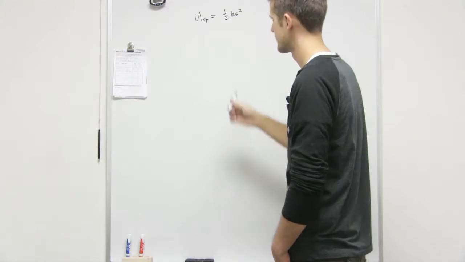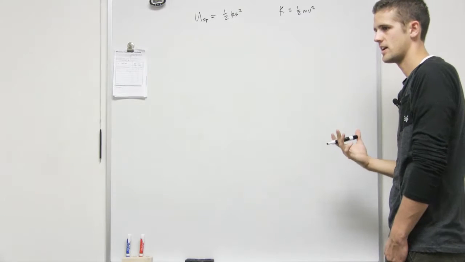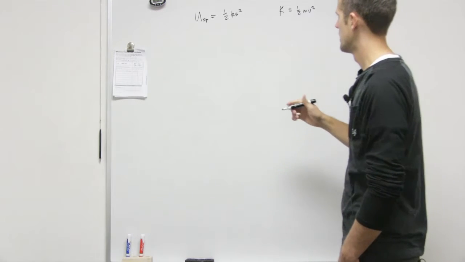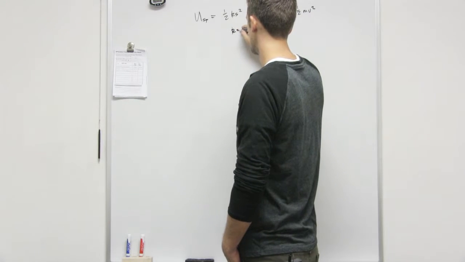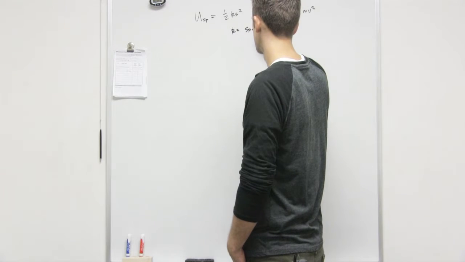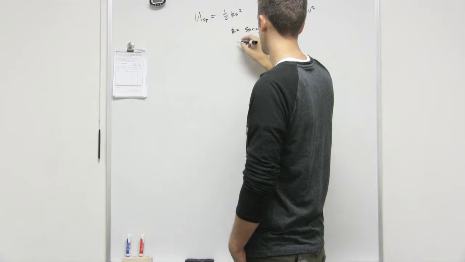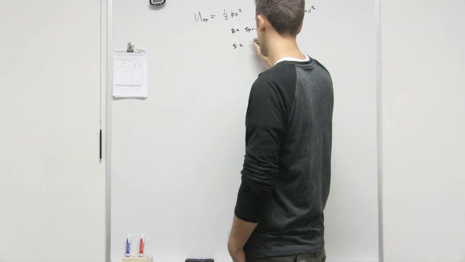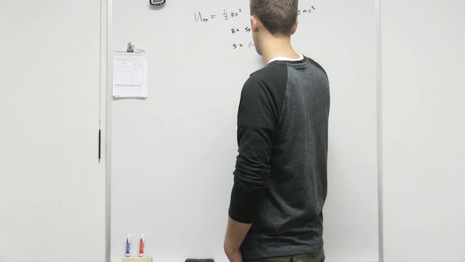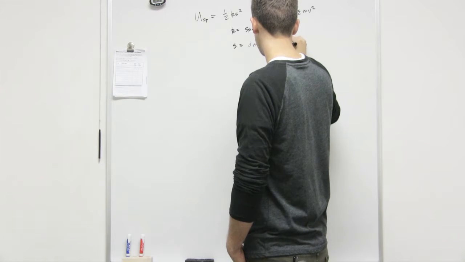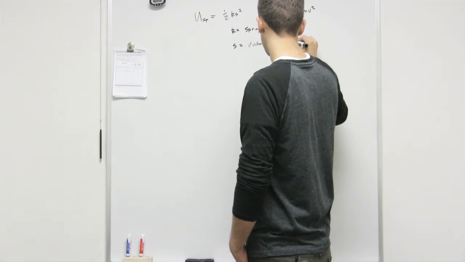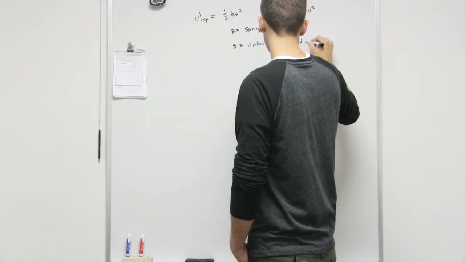That's kind of how I remember it. You've got a 1/2 and then k s squared. k is your spring constant, which would usually be given to you. And s is the distance, either that it was compressed or stretched.